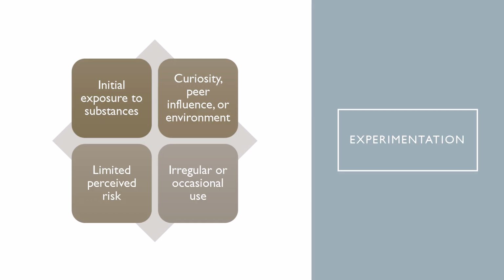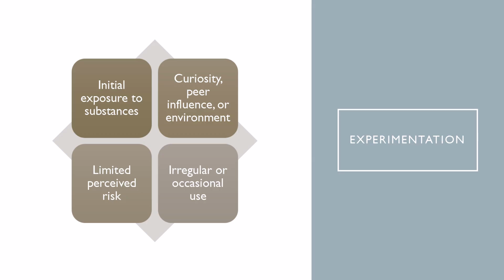So the experimentation stage, this is where the substance use is starting. It's often the most underestimated stage in the progression of addiction, because at this point, people are typically trying substances for the first time, or they're just using them occasionally. And this may be driven by curiosity or peer pressure or social environments, or maybe even a desire to cope with stress or emotions.